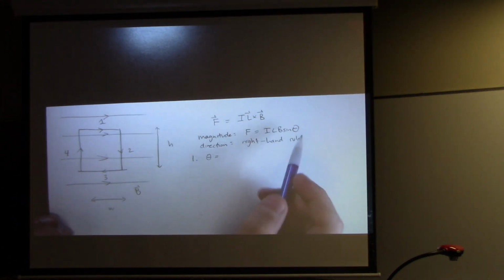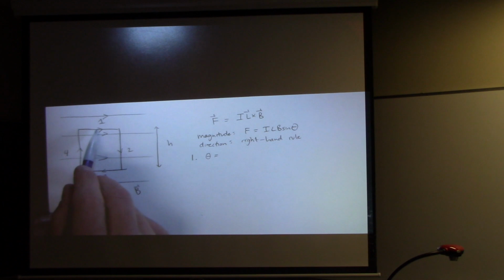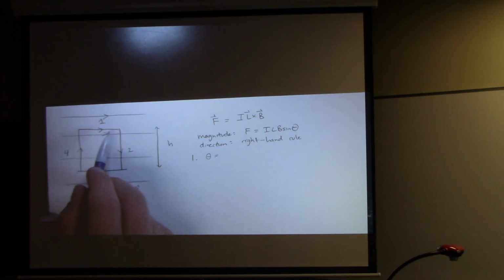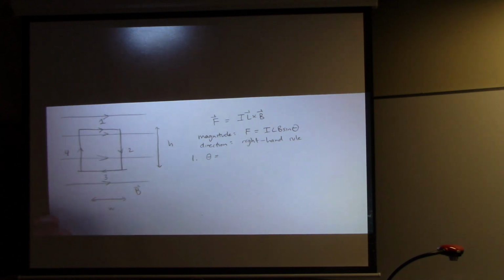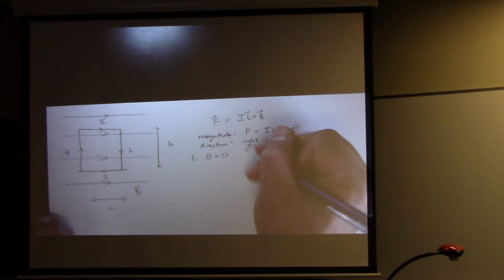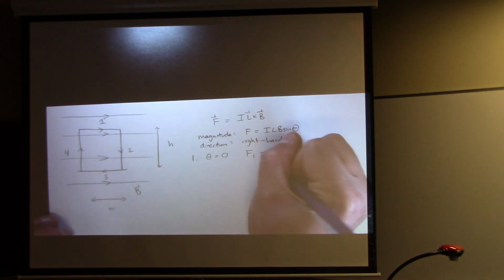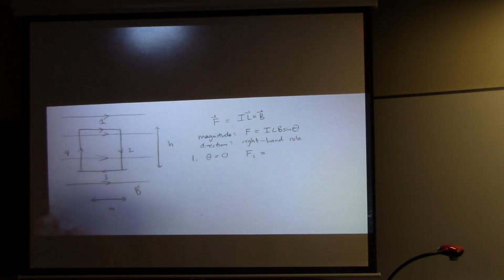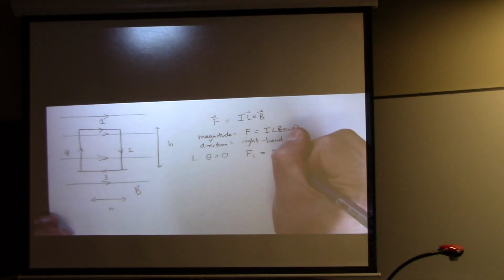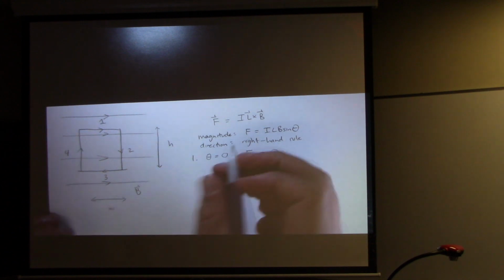My L vector just goes in the direction of the current, and that's going straight to the right. My B field is also going straight to the right. So there's actually 0 degrees between them, and that means there's no force. Remember that if you have a wire that's carrying a current in the exact same direction as the B field, there's not going to be a force on that wire. So we're going to get 0 force for segment number 1.